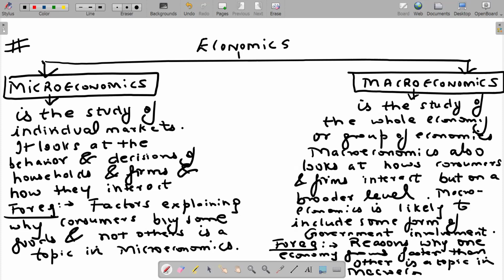Obviously, students can take many other examples, whatever comes to your mind, but your example should be reflective of the fact that something to do with the aggregate is macro and something to do with the individual is micro. Okay, so I hope all students attending this lesson are convinced about the difference between these two branches within economics.